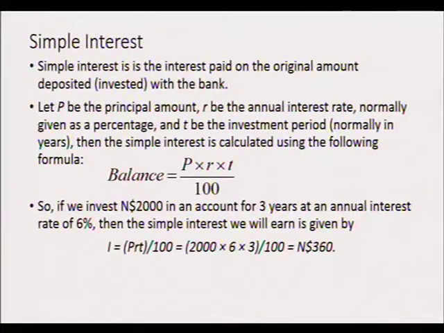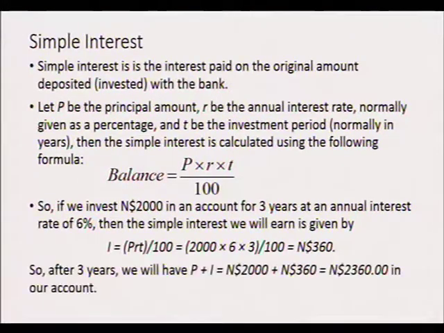So what does this mean about the total balance in our account after 3 years? After 3 years, we will have the money that we have invested plus the simple interest that we have earned, which means it will be 2,000 plus 360, and that gives us 2,360 in our account after 3 years.